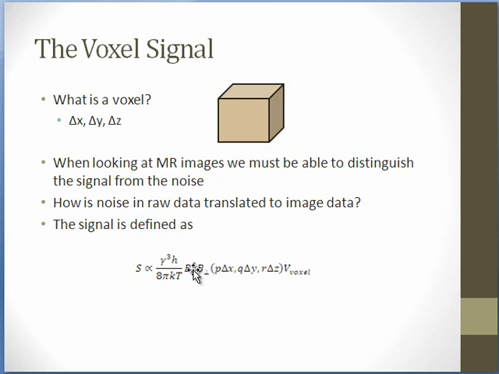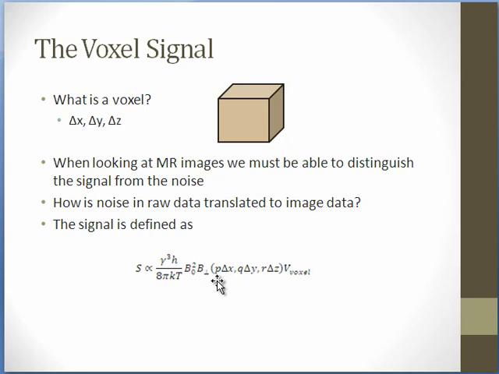So we can look at another equation for the signal given here, where this term out front is really M0. This equation is very similar to one of the equations that I showed in Module 5. So the signal is proportional to M0, the square of the main magnetic field, and the receive field, where this parentheses means showing the positional dependence of the receive field.